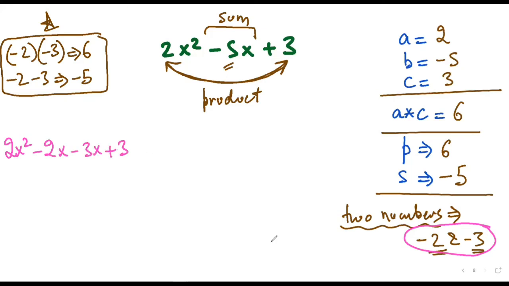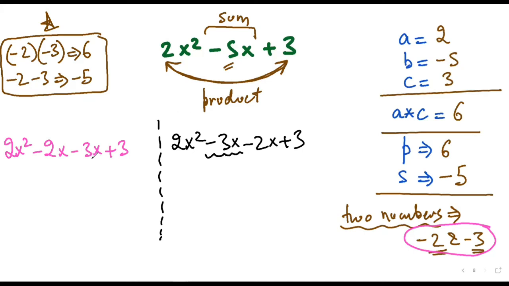I can also write this as 2x square minus 3x minus 2x plus 3. Sarthak, have you understood the difference? Here the minus 3x is coming first, but here the minus 3x is coming later. Have you understood the difference?